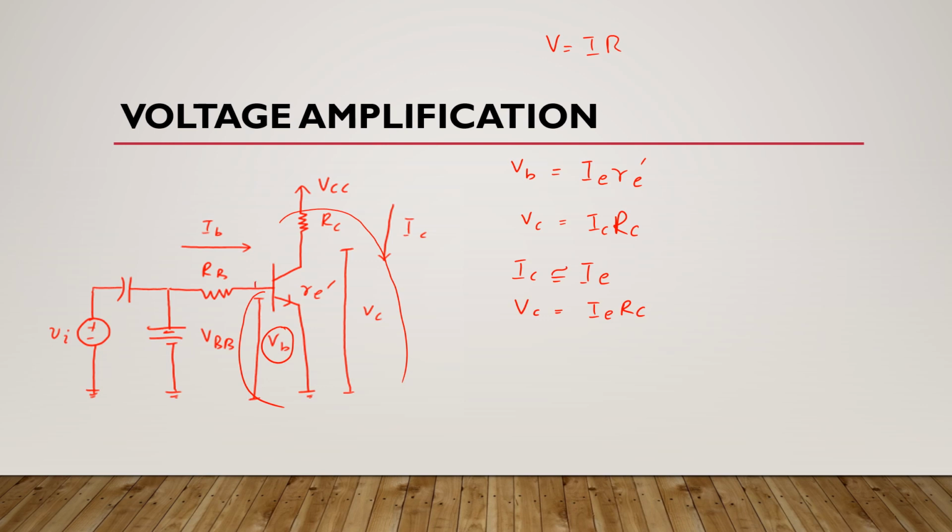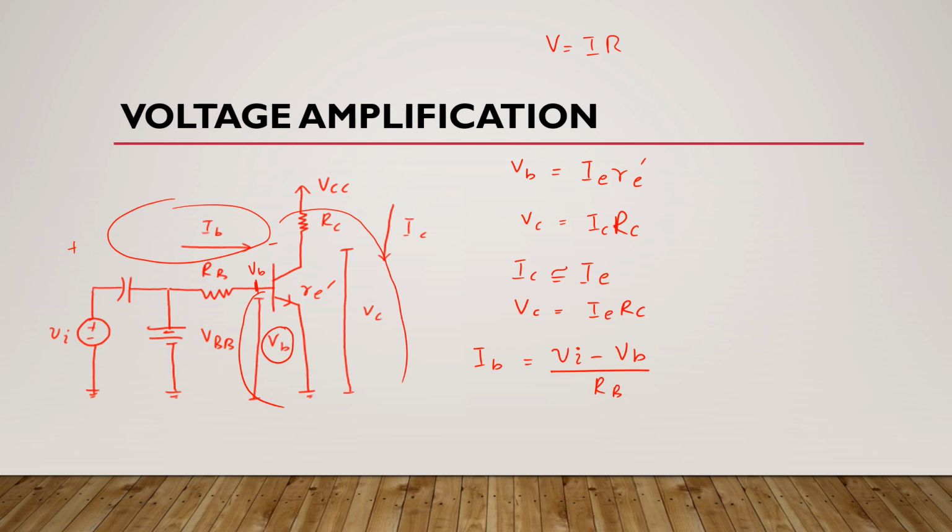If we want to find the equation of this AC base voltage, we use this formula: IB is equal to VI minus VB divided by RB, because IB is flowing in this region from higher potential to lower potential.